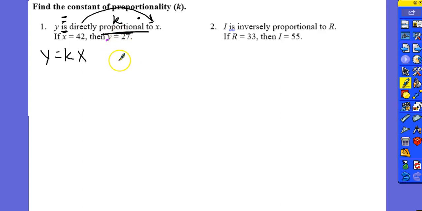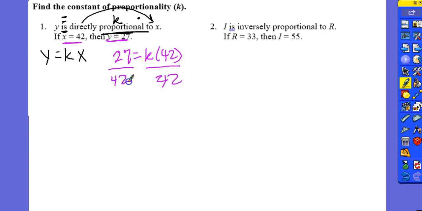So let's go with 27 is equal to k times 42. This is where your calculator will come in really handy because we just isolate for k, right? Divide by 42. This feels like 7th grade math here. K equals, you plug that in your calculator, it's going to tell you the answer is 9/14.